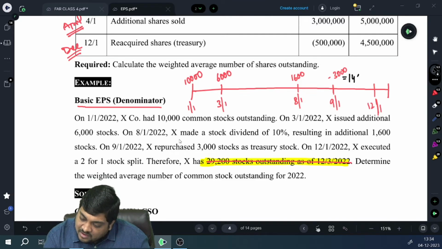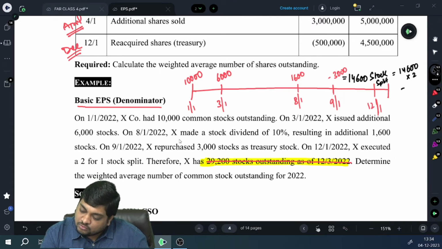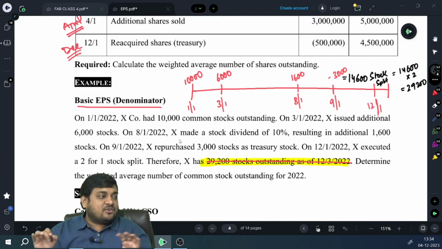So we have 14,600. Here it is a stock split, so 2:1 means just double. So 14,600 into 2, that's 29,200. So this is not relevant for us.